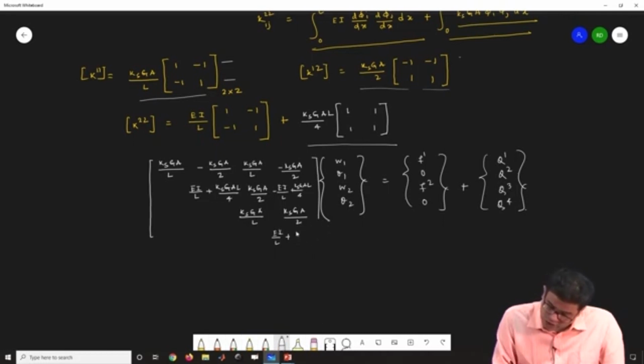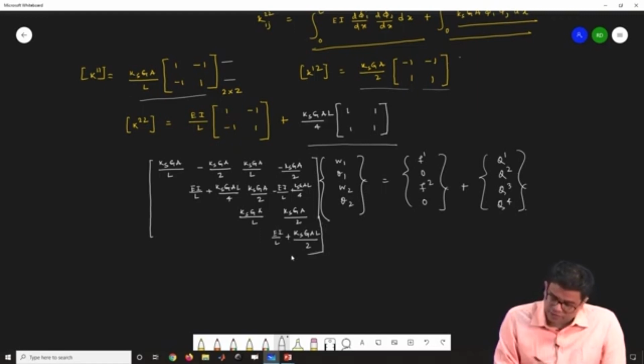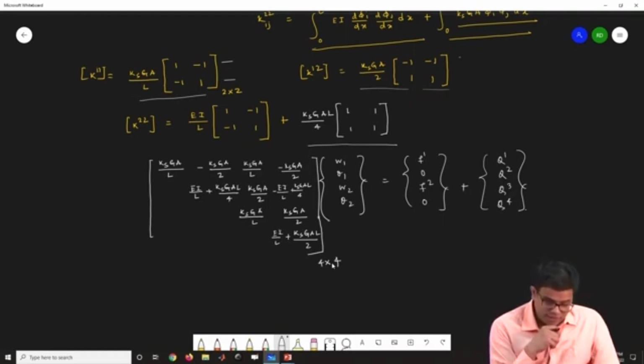So this is what my stiffness matrix looks like. So this is a 4 by 4 stiffness matrix.